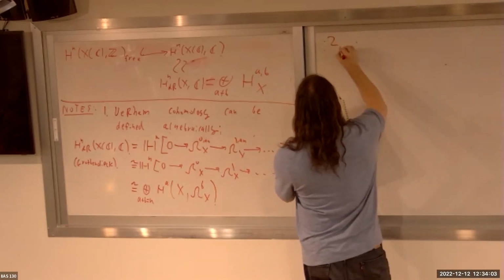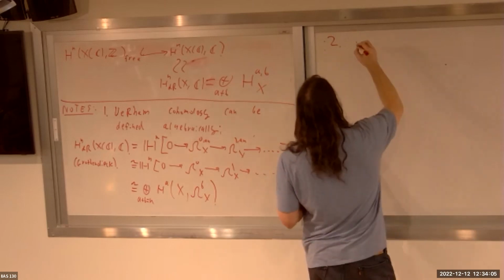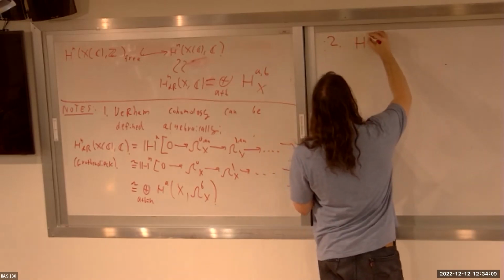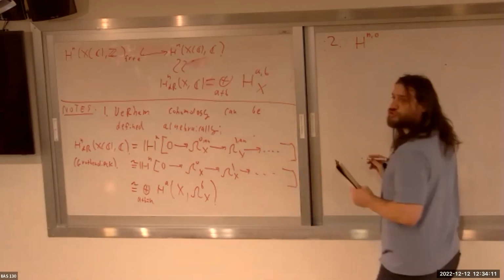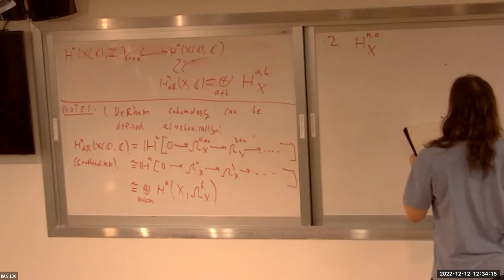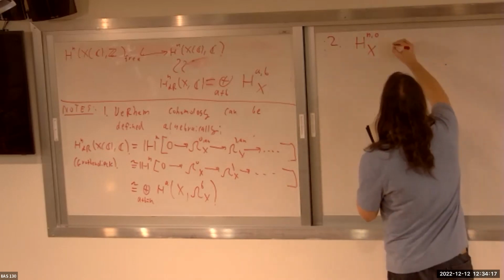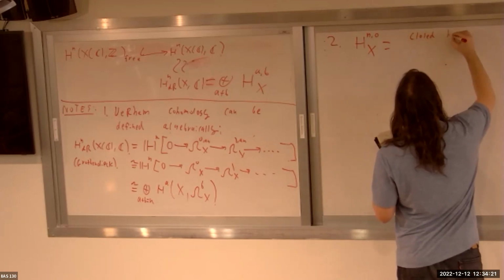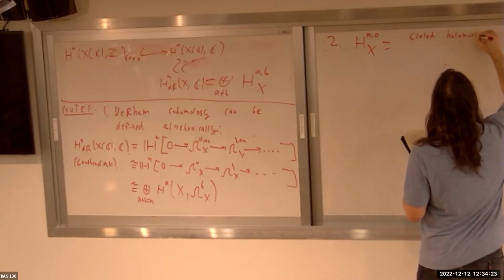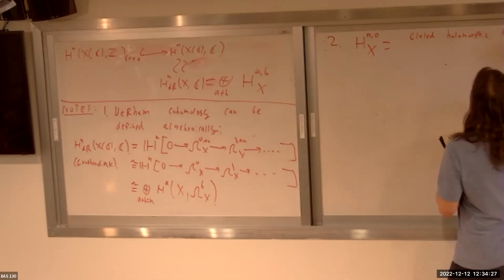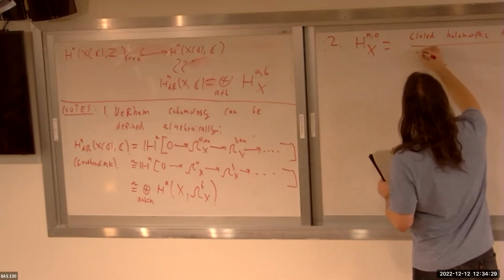Number two is what happens if b equals 0. So if we look at H^{n,0} of X, then in fact this is just closed holomorphic n-forms mod exact holomorphic n-forms.